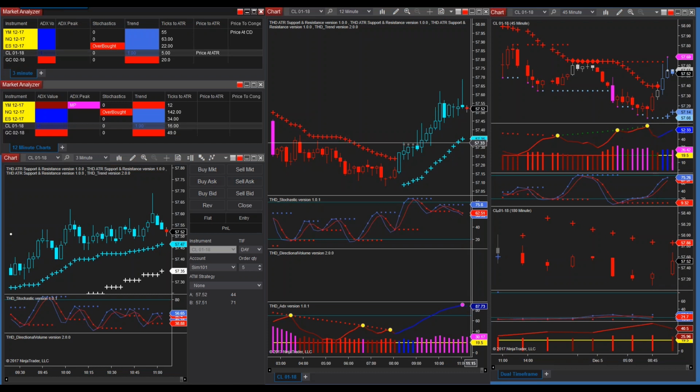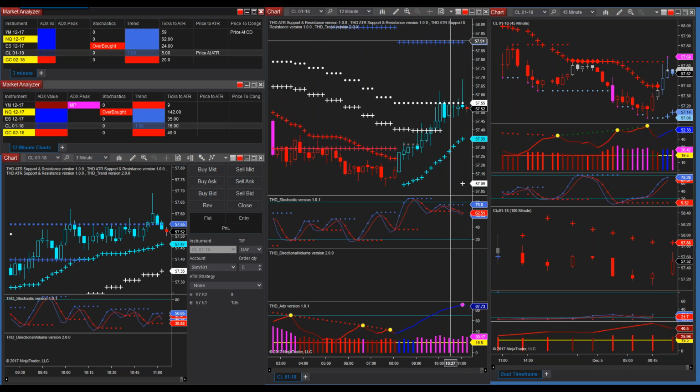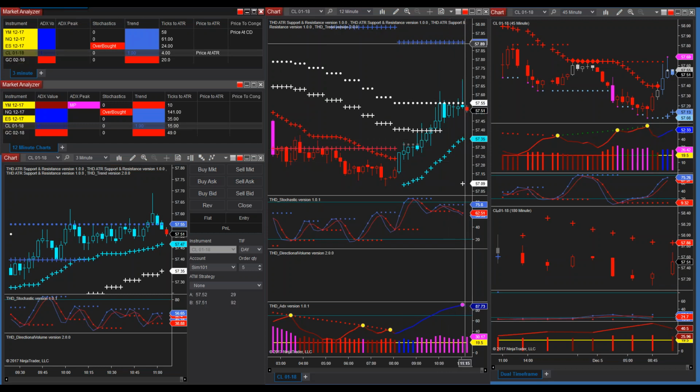And again, I would wait for this to come down to this ATR. I'm not interested in a 20 tick move. I would prefer the white and the blue to be aligned versus the cyan and the white.